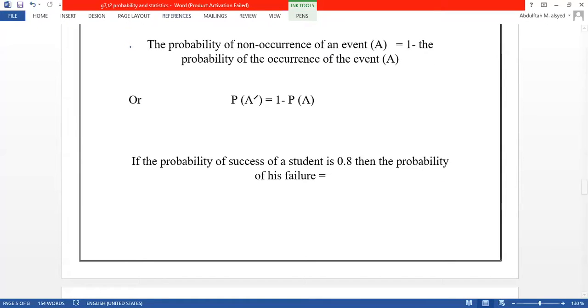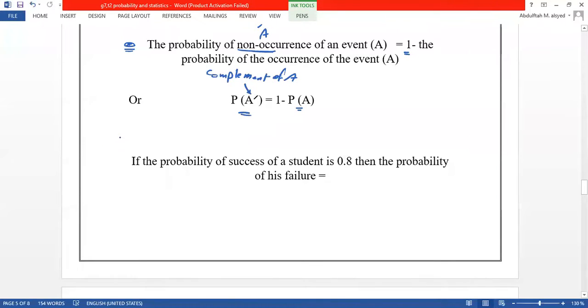This is another rule. The probability of non-occurrence of an event A equals 1, which is the probability of the sure event, minus the probability of the occurrence of the event A. Or we can write it as the probability of the complement of A, which is the probability of non-occurrence of the event. So non-occurrence of A is A dash, equals 1 minus the probability of A itself.